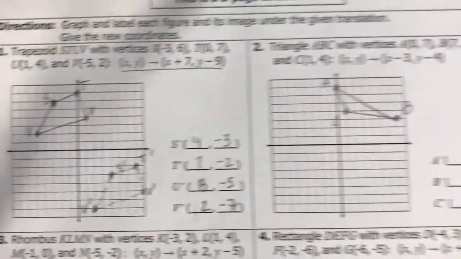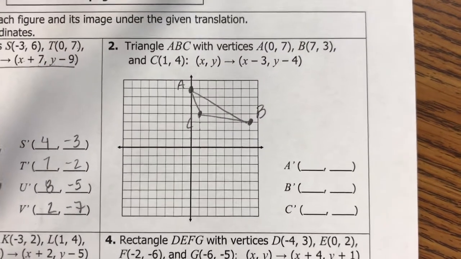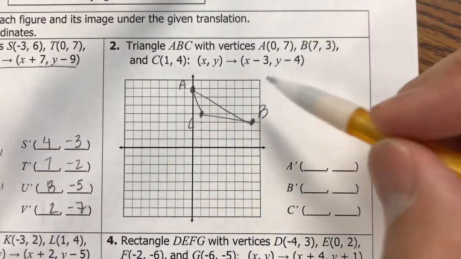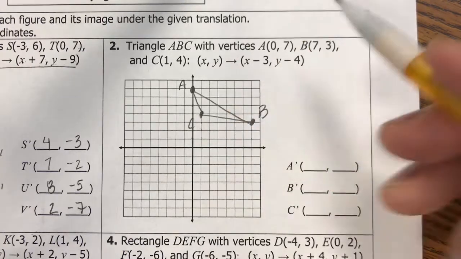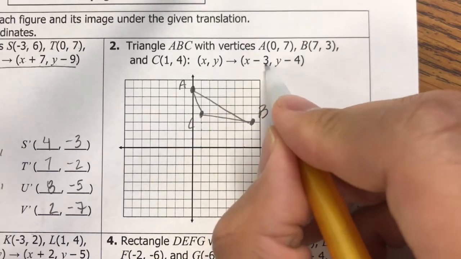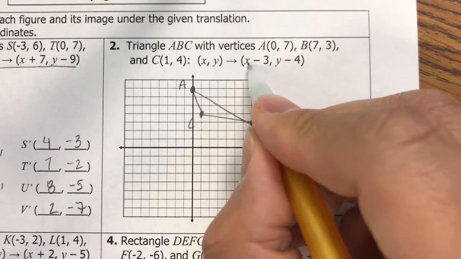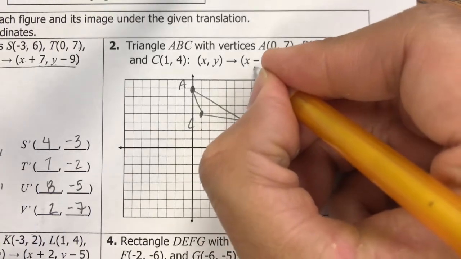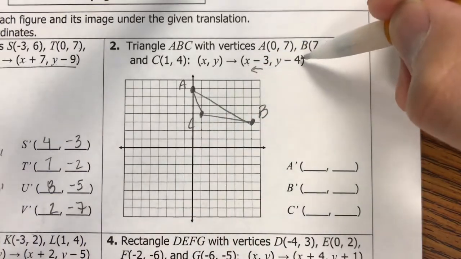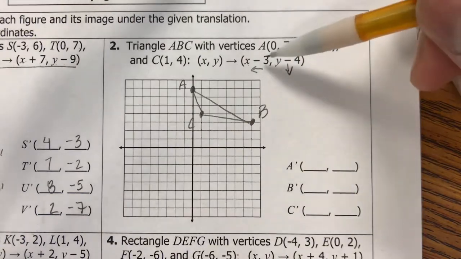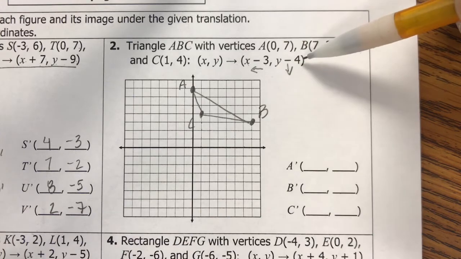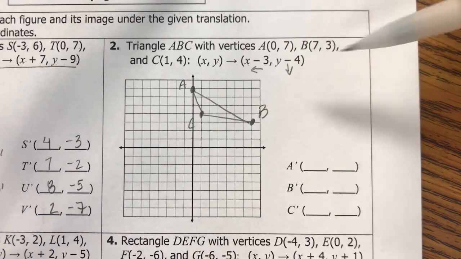The second way is to just count. So if we look here in number 2, we can count from the preimage to the image, because this is -3 in the x direction, which is to the left, and then -4 in the y direction, which is down. And so we're going to count 3 to the left and down 4 from every point.